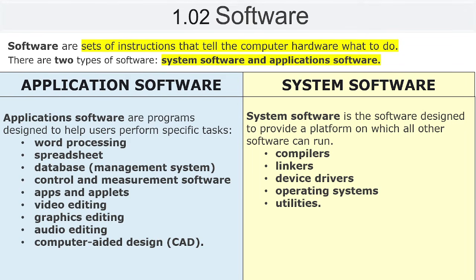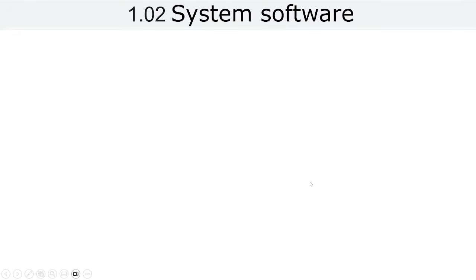Then we have the system software. Now, the system software is designed to provide a platform on which all the application software run. And we have compilers, linkers, device drivers, and operating systems. Then we also have utilities. So on to the next point.